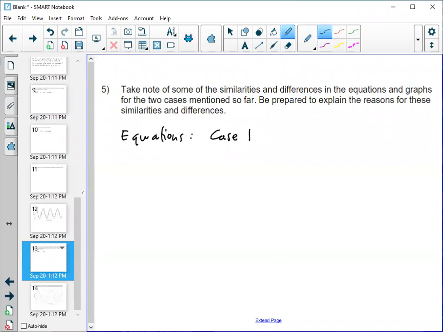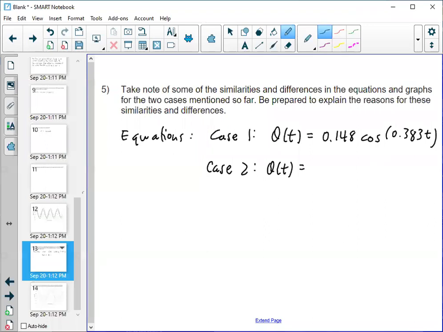So for case 1, we had theta of t is equal to 0.148 times the cosine of 0.383t, close the parenthesis. And then let's do case 2 right under that. Here we have theta of t is equal to 0.2, again, times the cosine of 0.383 times t.